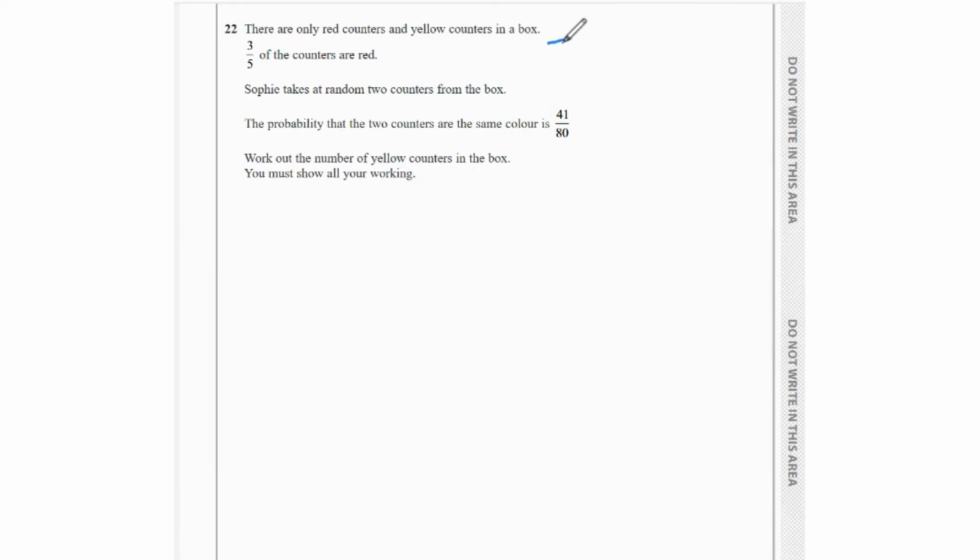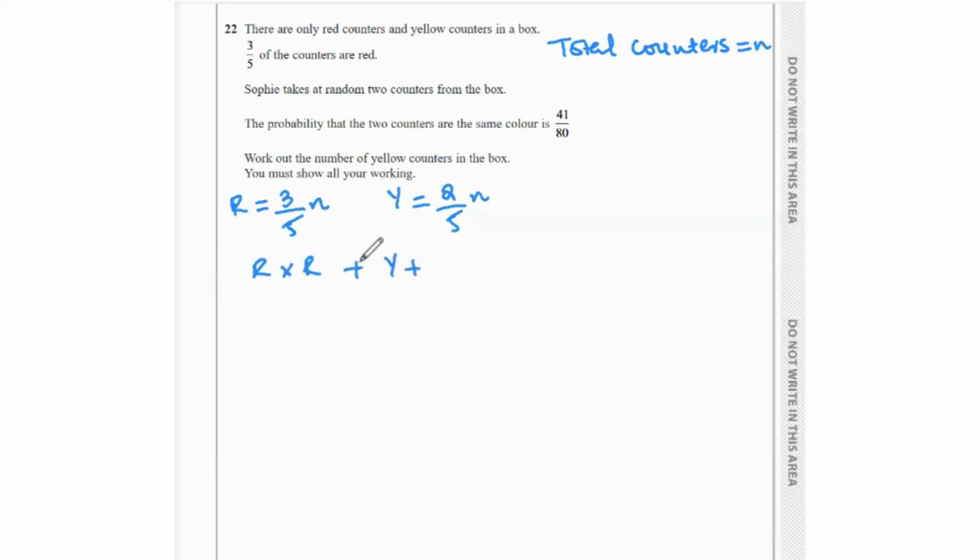So first we assume that the total counters are equal to n. So that means red counters are 3/5 of n and yellow counters are 2/5 of n. They said that the probability that the two counters are the same is 41 over 80. So that means we either take red, red, or we take yellow and yellow.